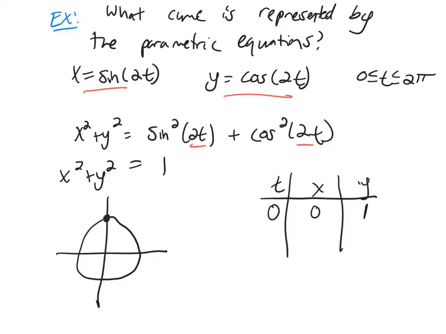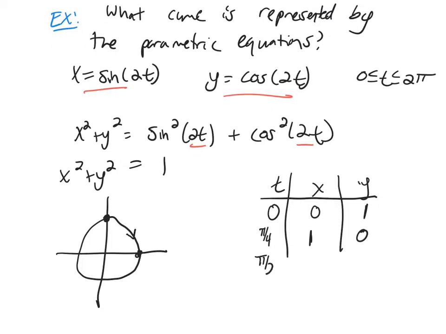And now if I plug in pi over 4, you'll get sine of pi over 2, which is 1, and cosine of pi over 2, which is 0. So now I get this point, 1, 0, so it moved that way.